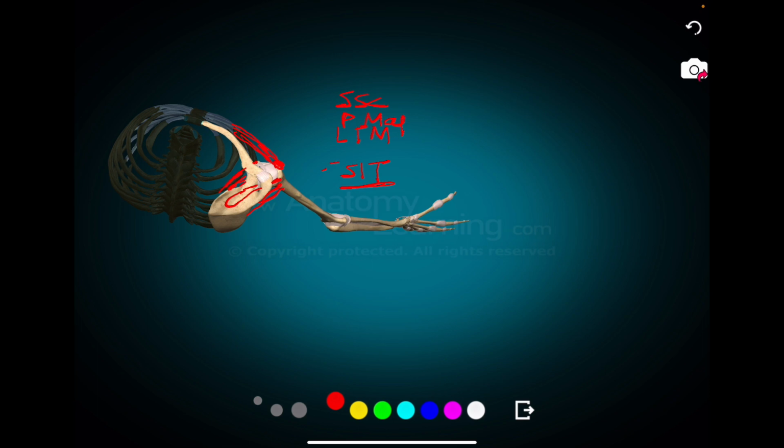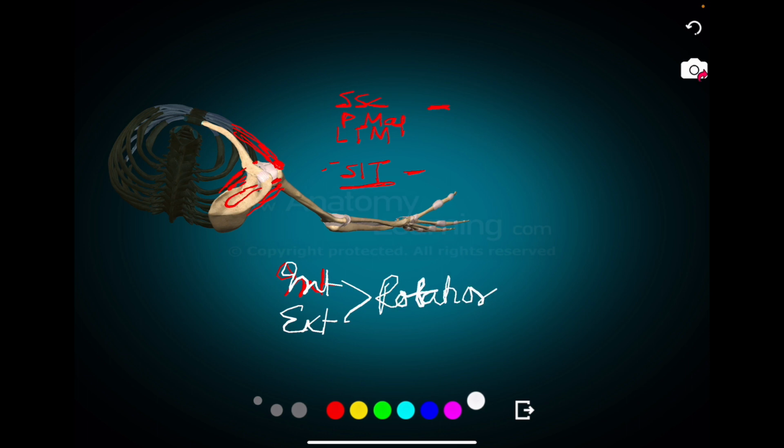So this covers internal and external rotation. No reason for you to try to learn it by heart. So adduction, abduction, external and internal rotation.